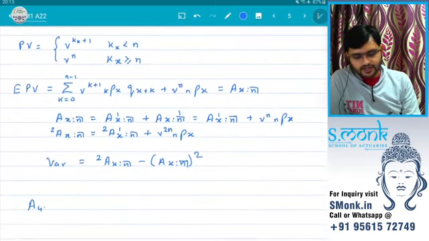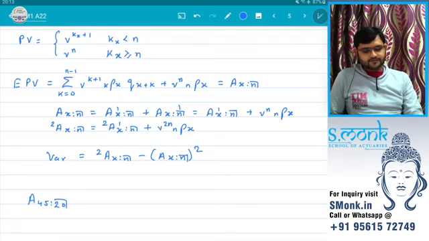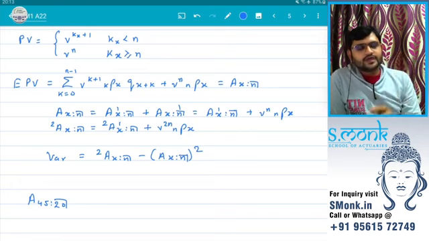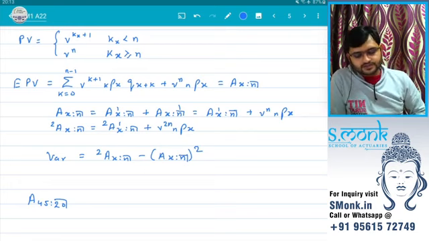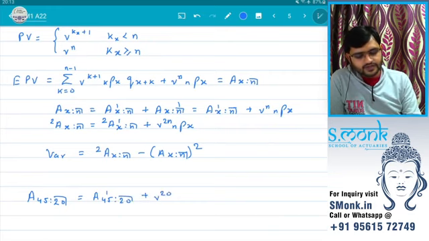Let's find A 45 20. So for A 45 20, again we'll use AM92 ultimate for 4%. That would be A 45 dash 20 plus v raised to 20 20p45.